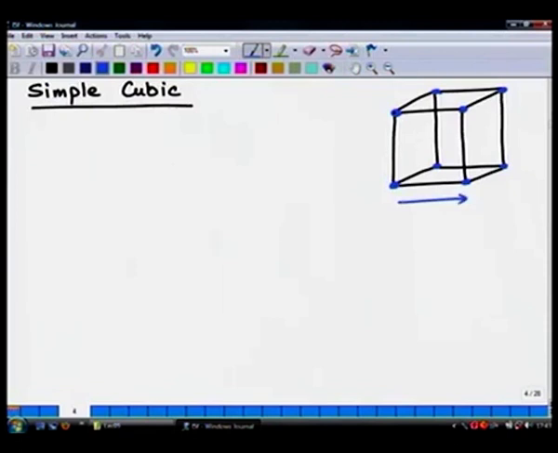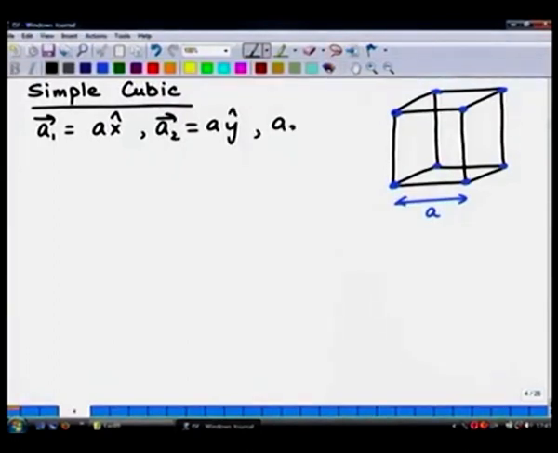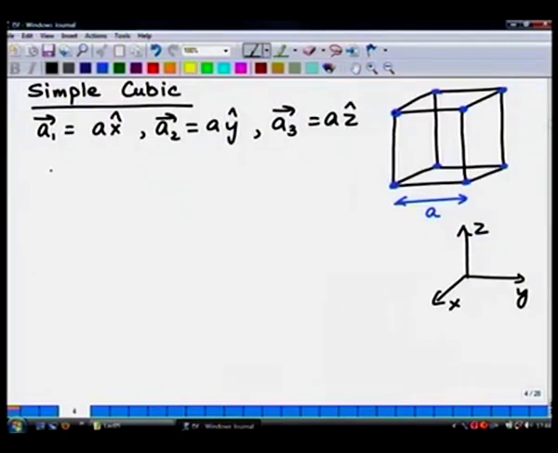If the lattice parameter is a, so this distance in the cube is a, then it is simple enough to write the primitive lattice vectors as a1 equal to a times x hat, a2 equal to a times y hat, the unit vector in the y direction, and a3 as a times z hat, where you can think of this as x, this as y, and this as z. Of course, it is the primitive cell. There is only one lattice point per unit cell, because lattice positions are only at the corners of the unit cell. All right, so that is a simple cubic.